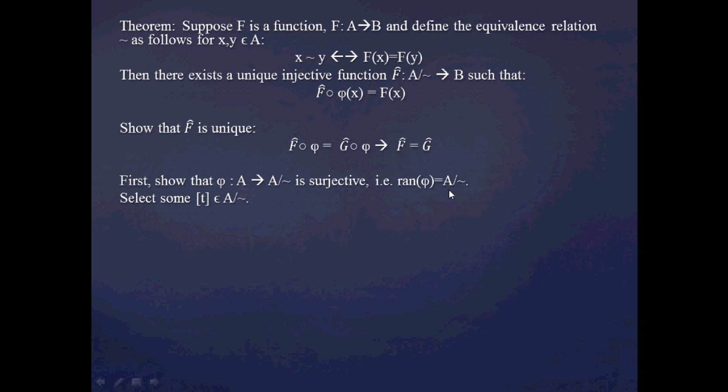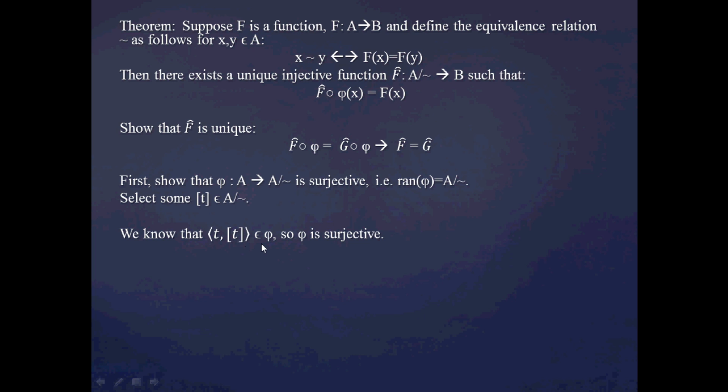So in order to show that, I'm going to say, well, let me pick some element, the equivalence class of t, from A modulo tilde. So if phi is going to be surjective, I should be able to find some element within the domain of phi such that that thing combined with the equivalence class of t is within the function phi.